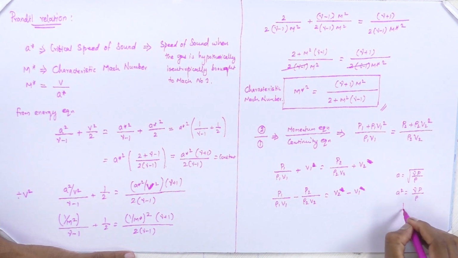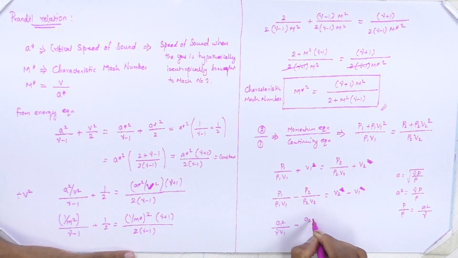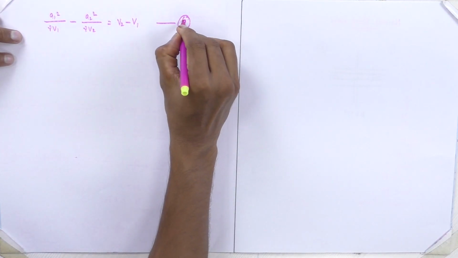So P by rho will be equal to A squared by gamma. Now we replace P by rho by A squared by gamma. So we get A1 squared divided by gamma V1 minus A2 squared divided by gamma V2 is equal to V2 minus V1. Let's say this is equation number 6.